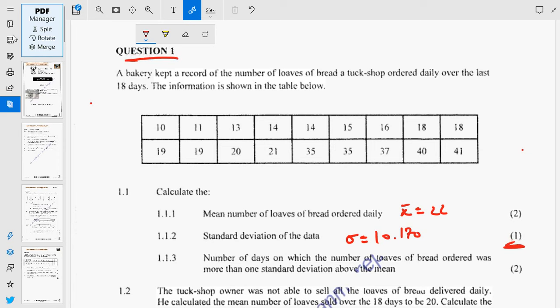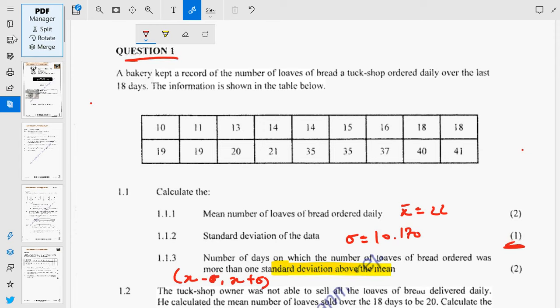And the third part of the question says, calculate the number of days on which the number of loaves of bread ordered was more than 1 standard deviation above the mean. Now, you'll remember that within 1 standard deviation, we have the interval x bar minus the standard deviation and x bar plus the standard deviation.